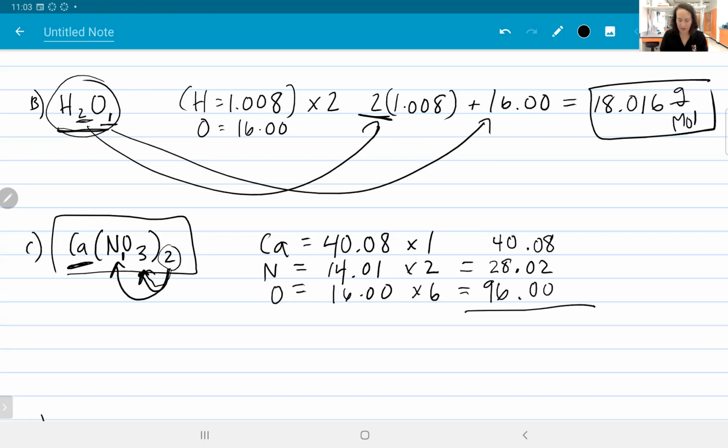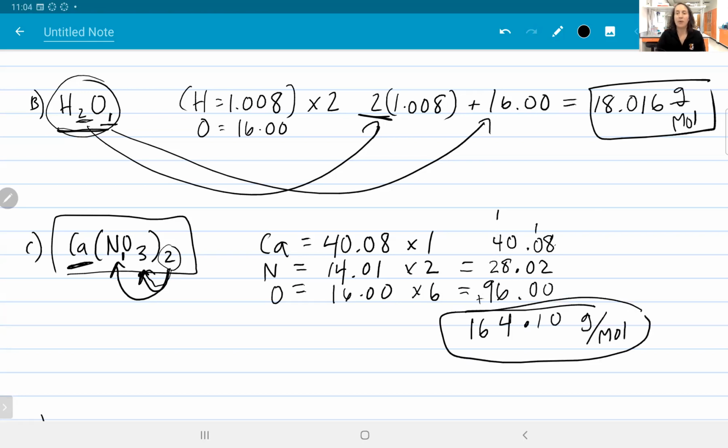When I sum all of those together, I get 164.10. So the formula mass for calcium nitrate is 164.10 grams per mole.